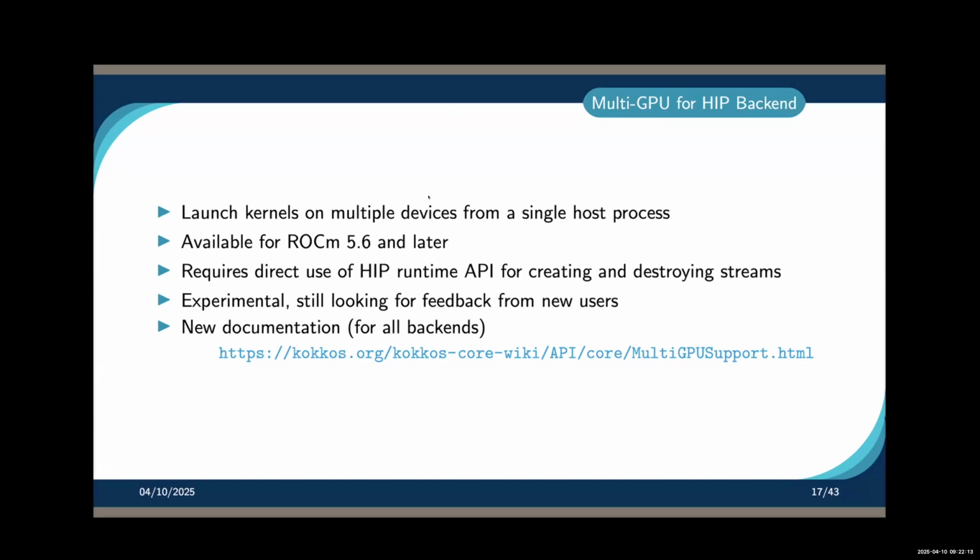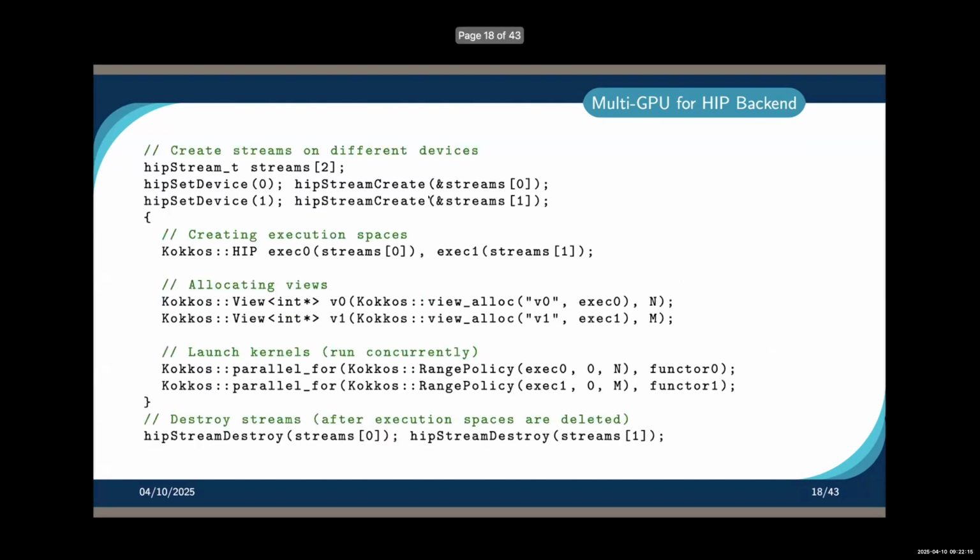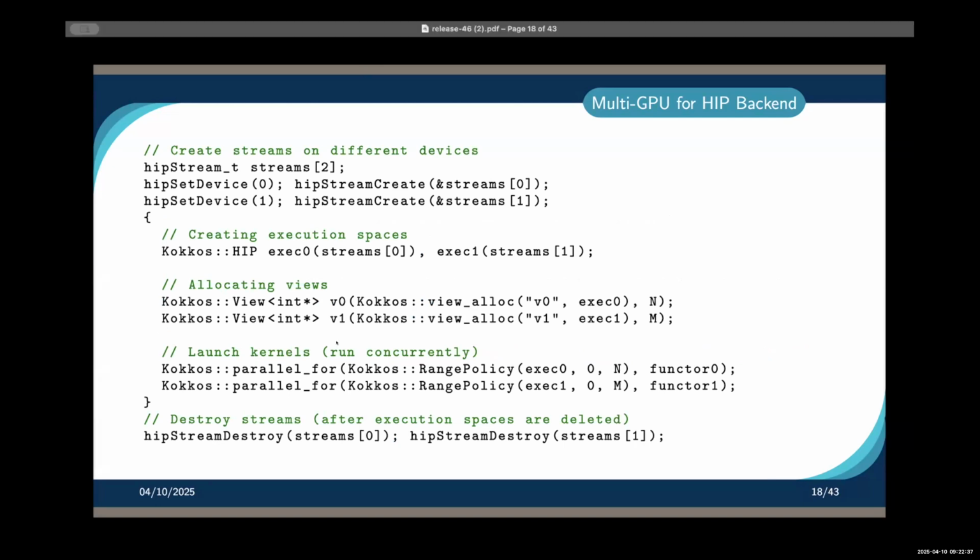And so for this next slide, we have a small example where at the top, we create 2 streams. We create a stream on device 0 and then a stream on device 1. And this is where I was saying that you have to use these HIP runtime API functions. Once we have these streams, we can create a Kokkos execution space from these streams.